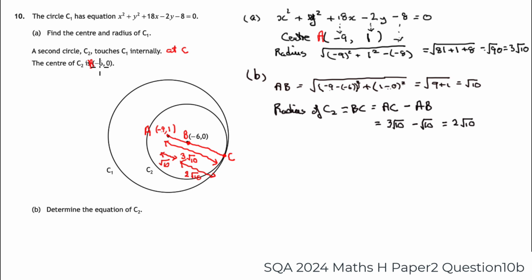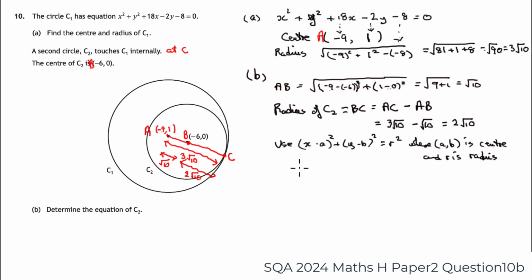And we're asked to find the equation of C2. So we'll now use x minus a all squared plus y minus b all squared equals r squared, where a, b we know is the centre and r is the radius. So we've discovered these values.